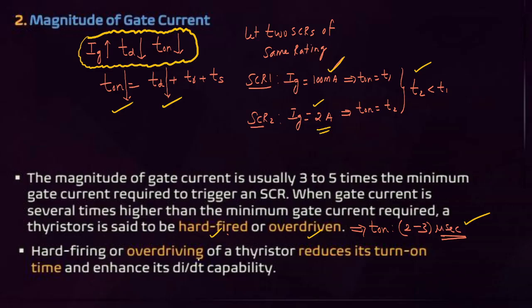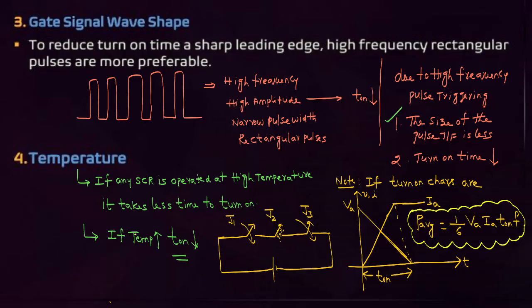Hard firing or overdriving of a thyristor reduces its turn-on time and enhances its di/dt capability. If any SCR is triggered with high gate current, its turn-on time is reduced and di/dt capability is also increased. These observations are important. Like this, turn-on time depends on the magnitude of gate current.